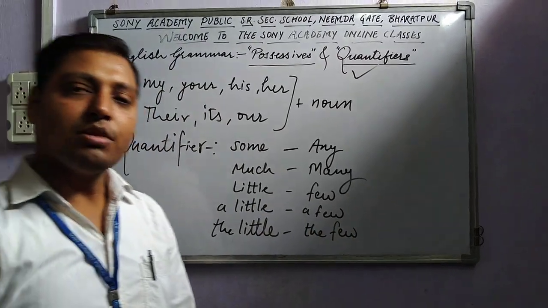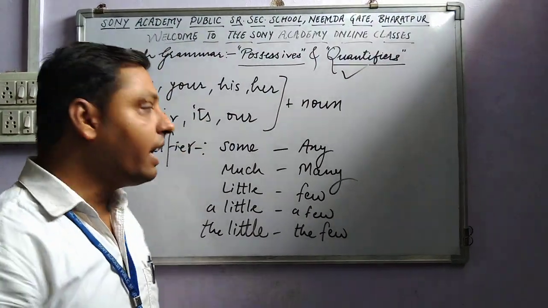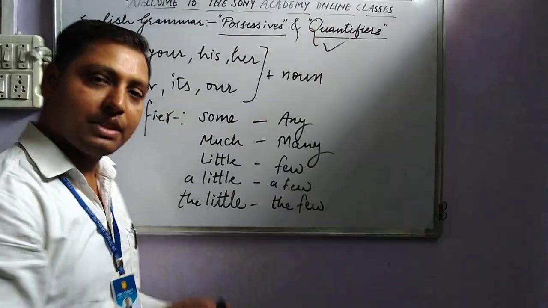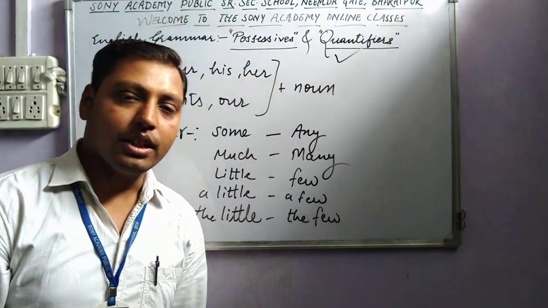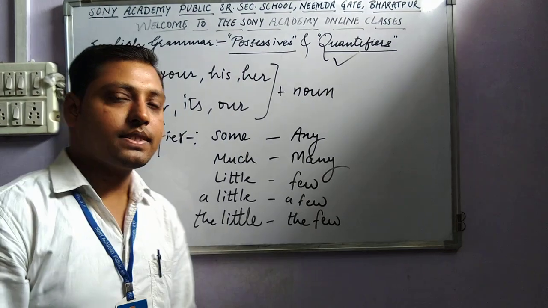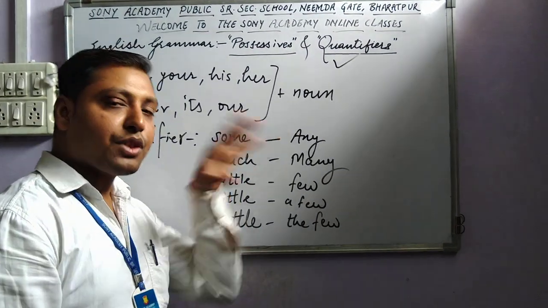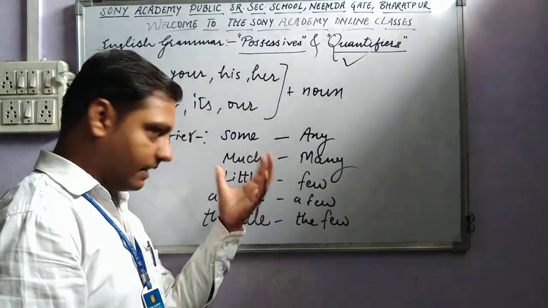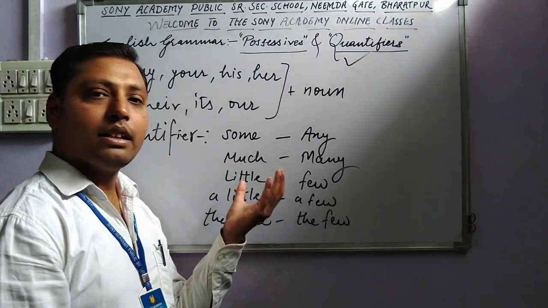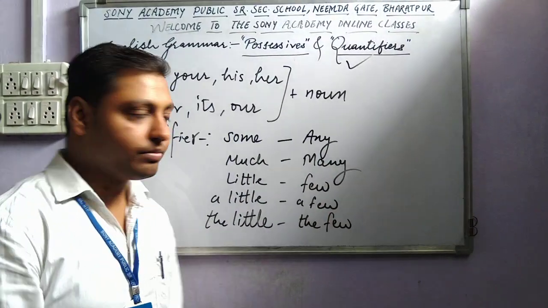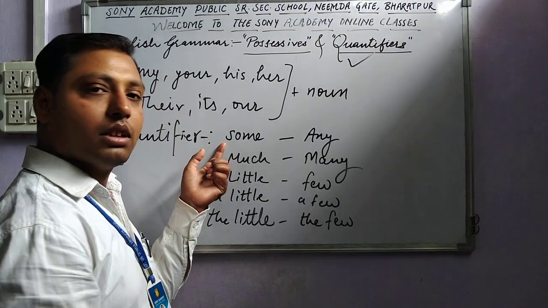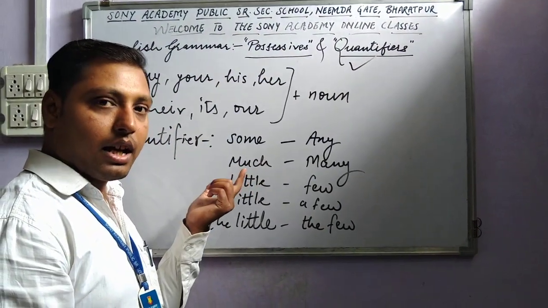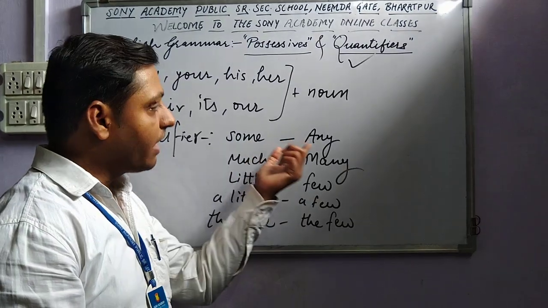Dear students, you must be thinking why I have written all of them in this way. Actually, I'll teach you these things in an opposition way. I mean, there are these things in their opposite meanings. Okay? Some is used for something, and in the opposite of it, any is used.